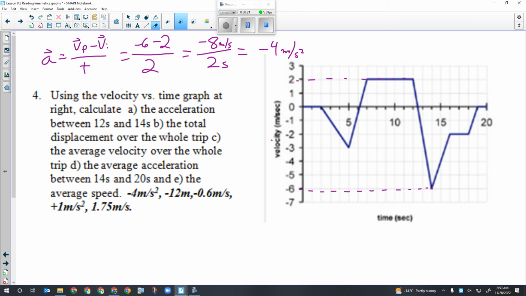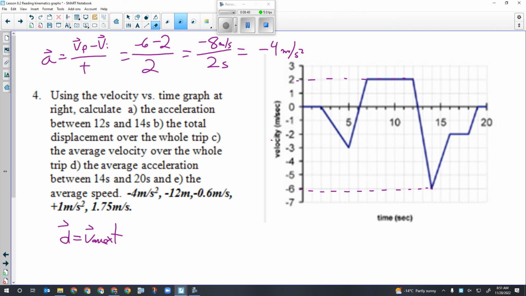The total displacement over the whole trip, that's the part that's going to take a while. One of the things we know about a velocity versus time graph is that we can use this formula, section by section, to calculate the total displacement.